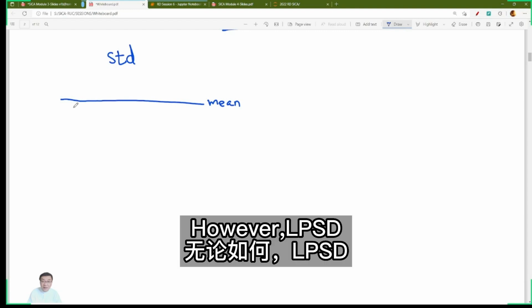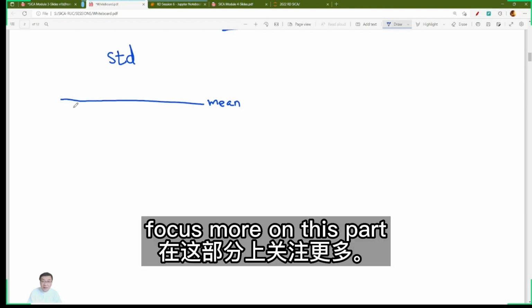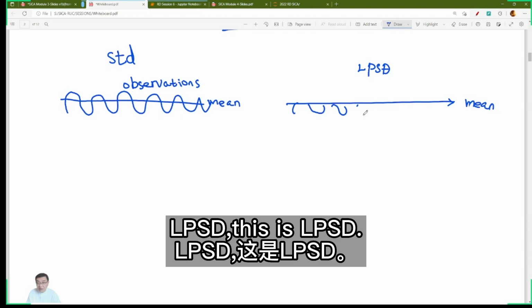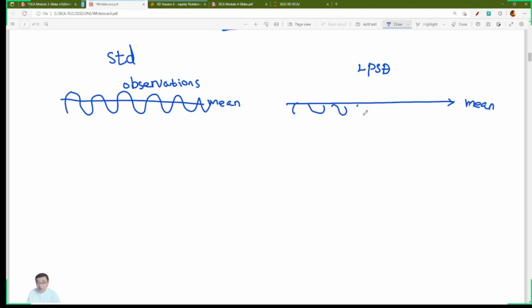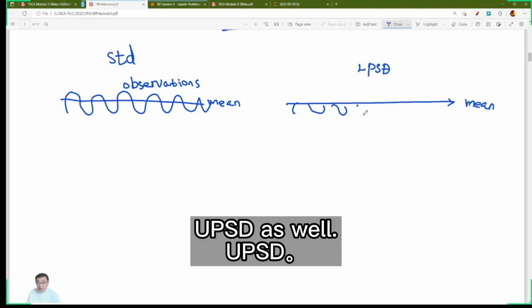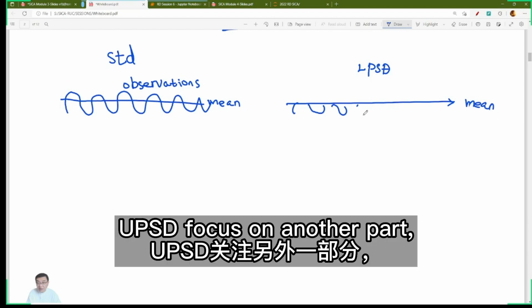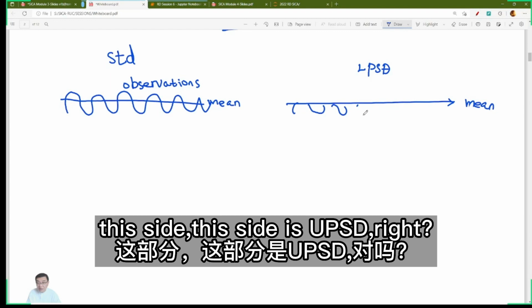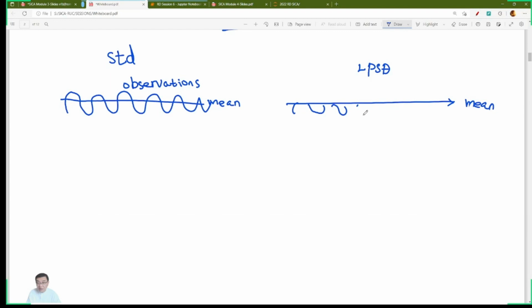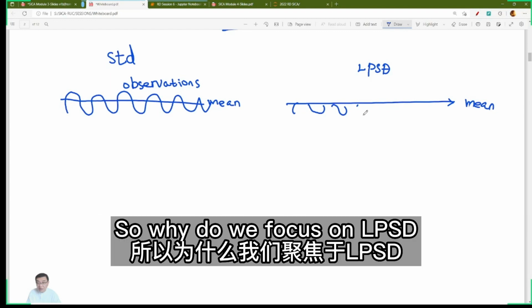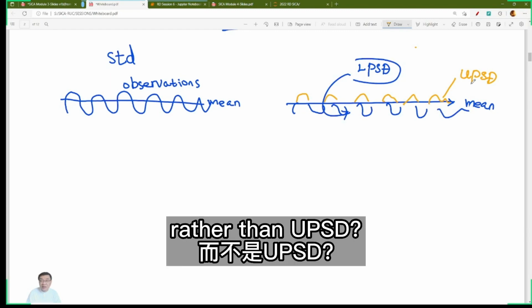However, Lpsd focuses more on this part. This is Lpsd. Of course, we have UPSD as well. UPSD focuses on another part. So why do we focus on Lpsd rather than UPSD?